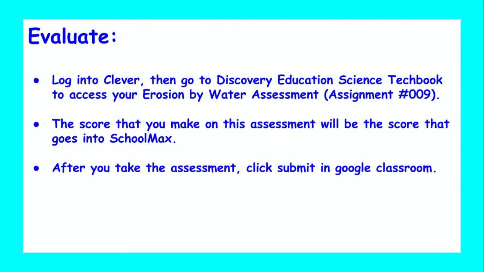After you take the assessment in DE Science Textbook, you'll go over to Google Classroom and click Submit. That will then signal to me that you've completed the test, and I'll be able to pull your score. The score that you make on this assessment will be the score that goes into SchoolMax. After you take the assessment, just click on Submit in Google Classroom.